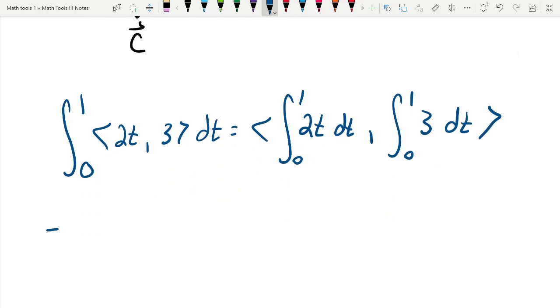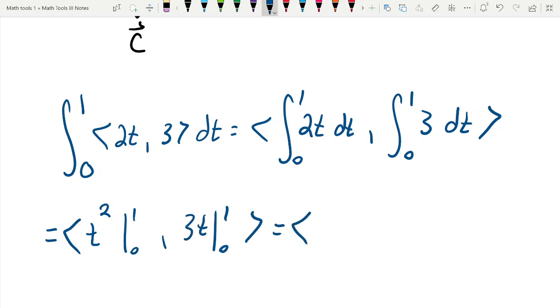Okay, so this is going to be t squared from 0 to 1, comma 3t from 0 to 1. So that's going to be 1 minus 0, so 1, and this one's going to be 3 minus 0, so 3. Okay, and then we just end up with 2 numbers since we plug in the bounds here.